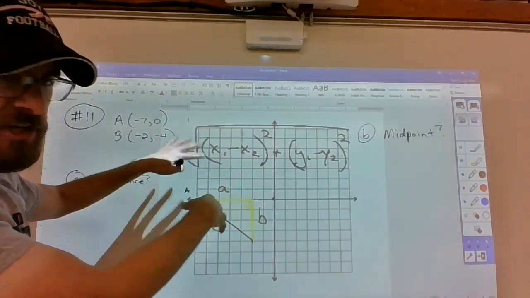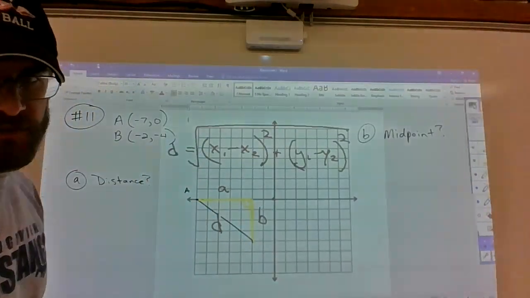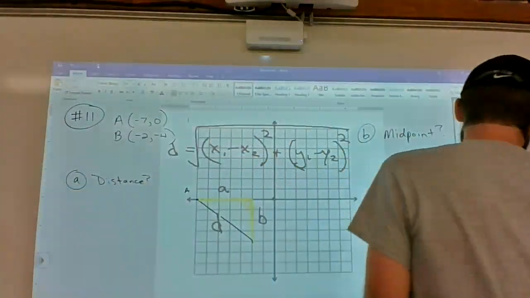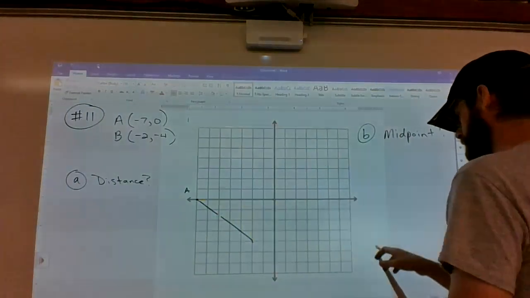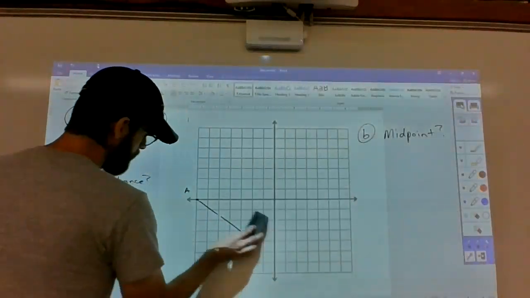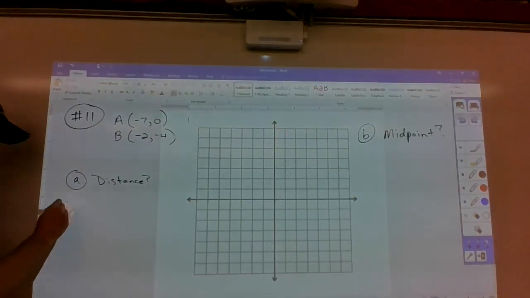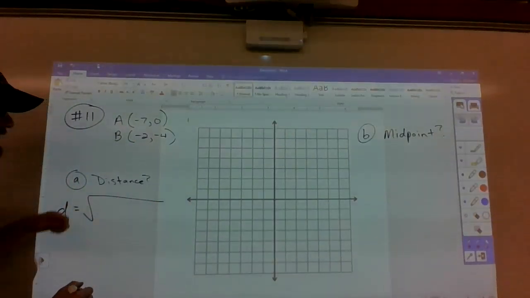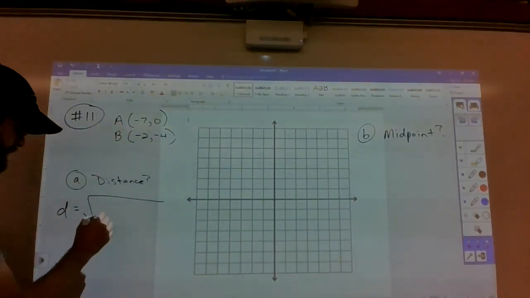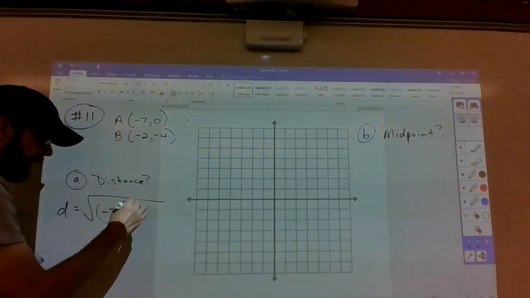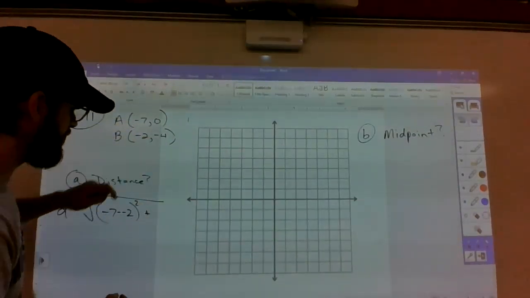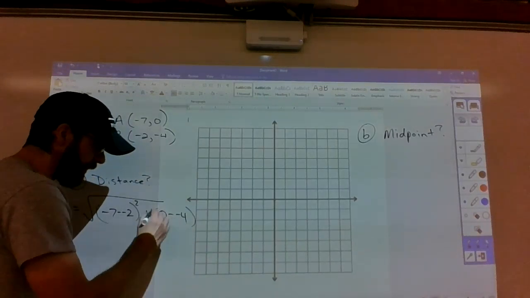So we don't have to do any visual graphing now if we want to just find the distance between 2 points. We can just say D equals root. Now take the x's, negative 7 and negative 2, square it, plus 0 minus negative 4, and you're going to square that.